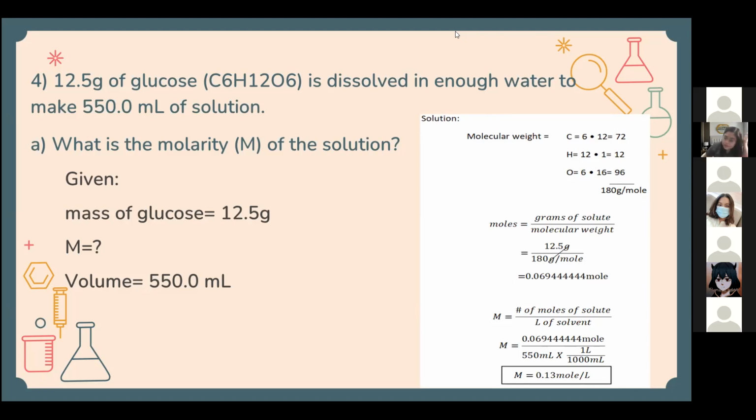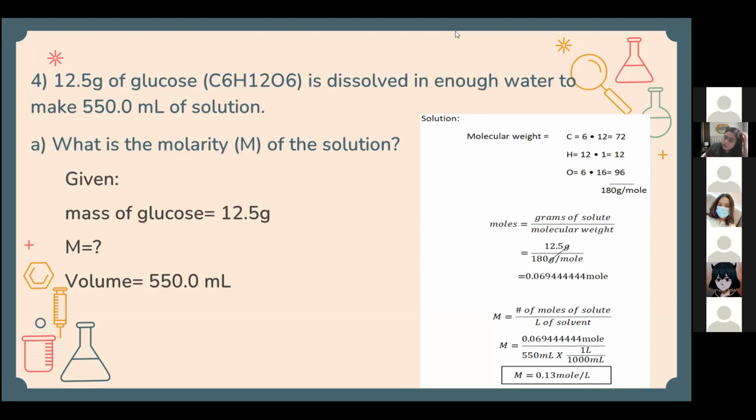We can now solve for the molarity, for which the formula is number of moles of solute over liters of solution. Our number of moles of solute is 0.069444 moles over the volume, which is 550 ml. But since it is in ml, we need to convert it into liters.